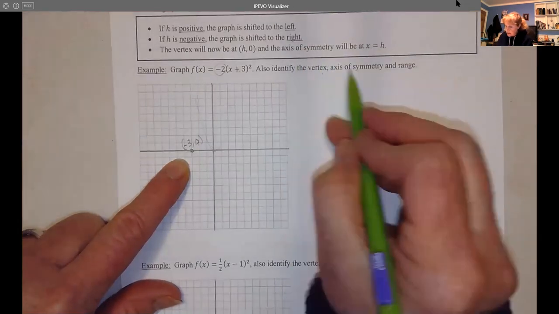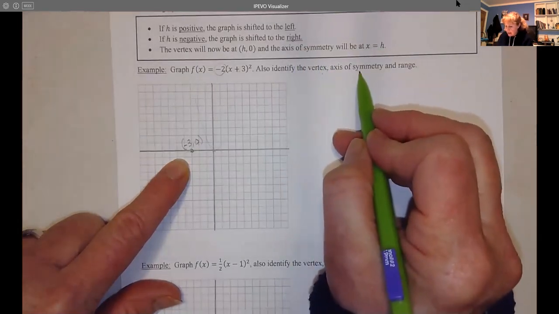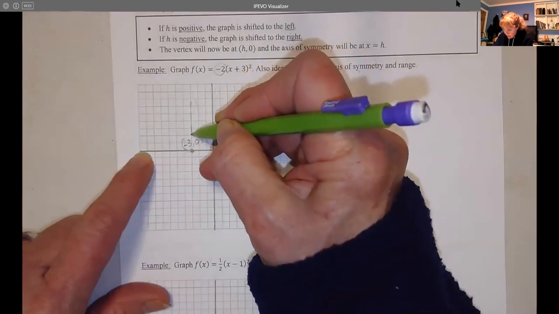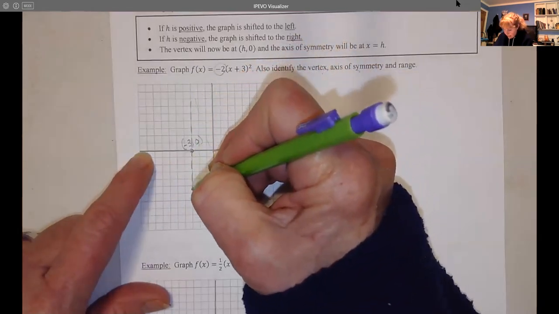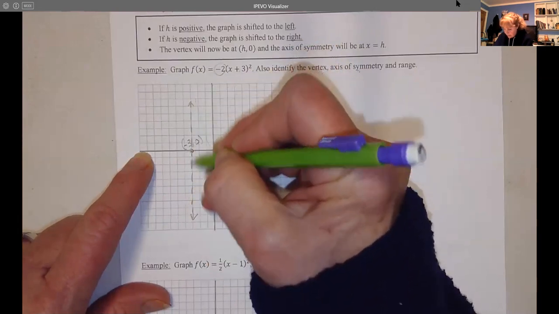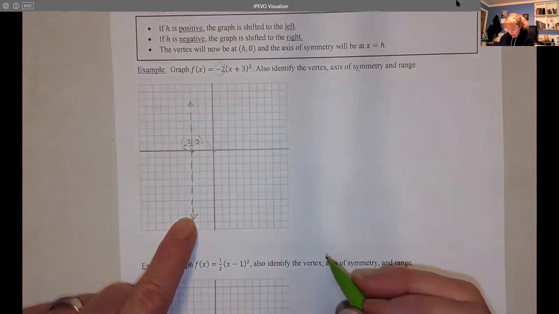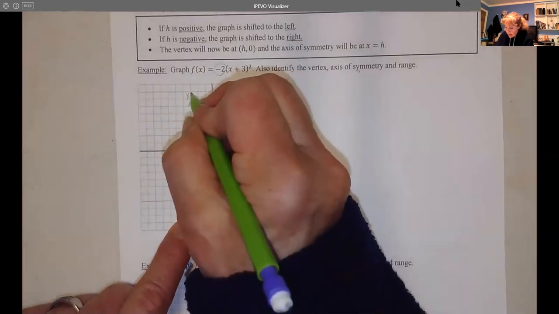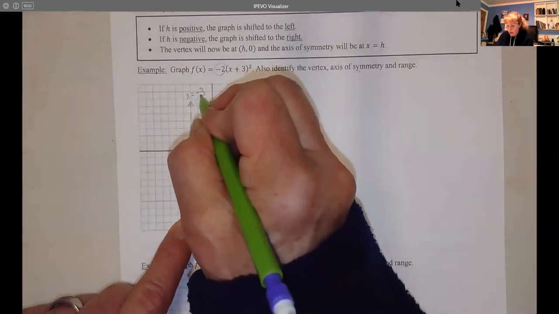We have our vertex. Let's talk about the axis of symmetry, because we're going to use it to graph, and my math lab does this for you automatically, the graphing using this. The axis of symmetry runs through the vertex, and it's going to be x equals negative 3.